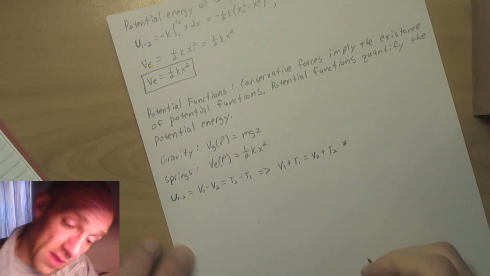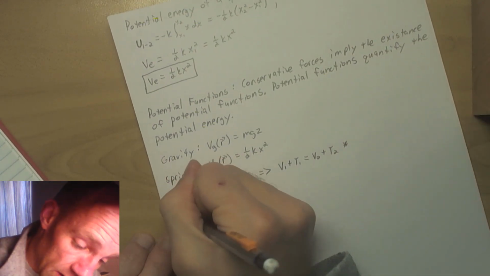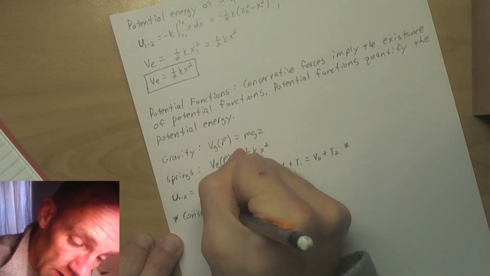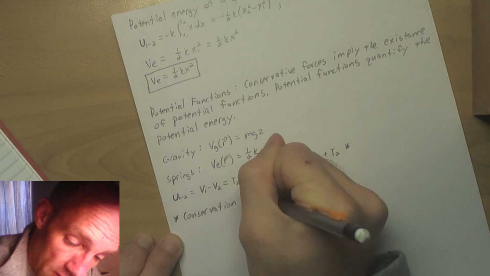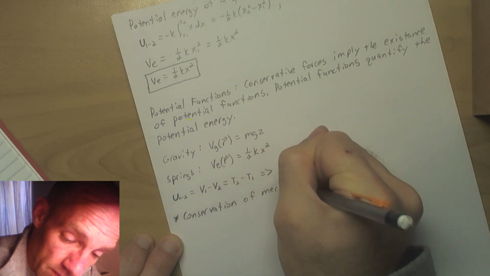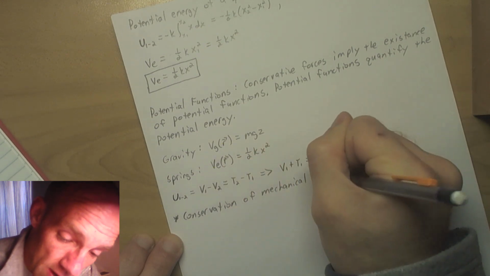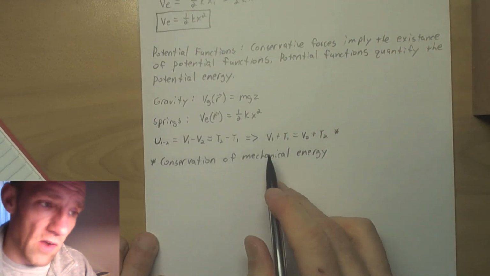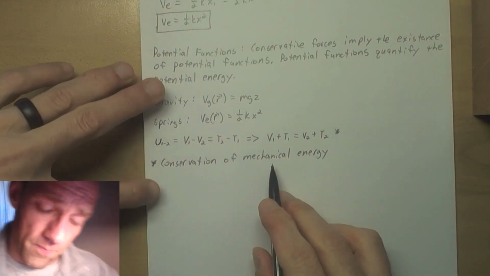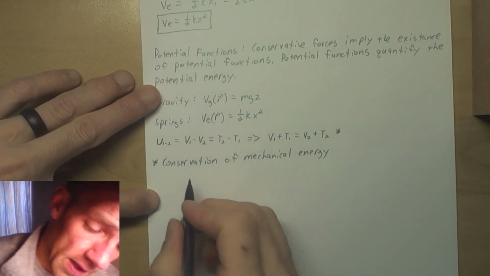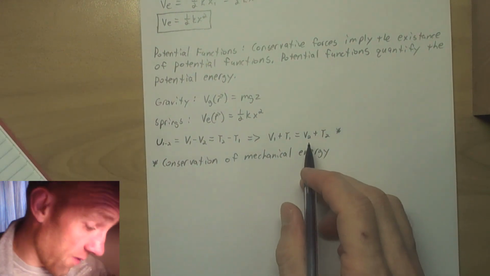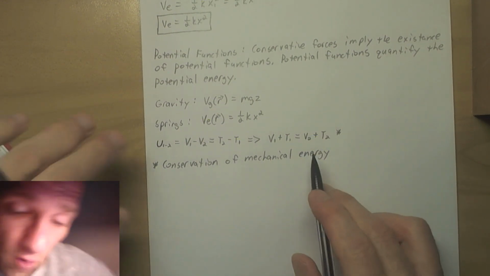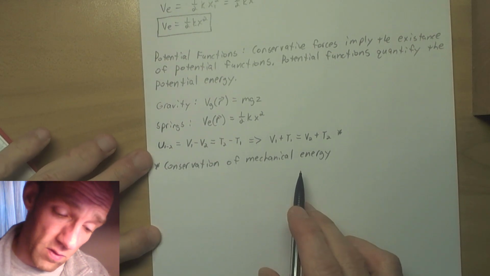This relationship is called the conservation of mechanical energy. This isn't the conservation of total energy, really, because of the fact that we assumed that the forces involved here were all conservative.